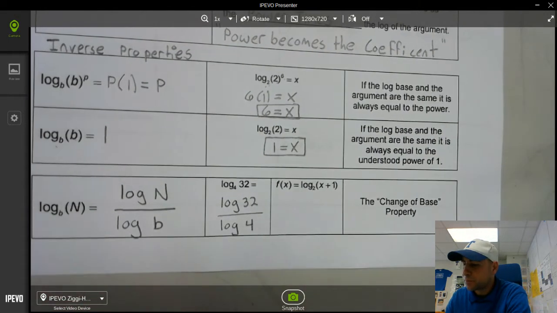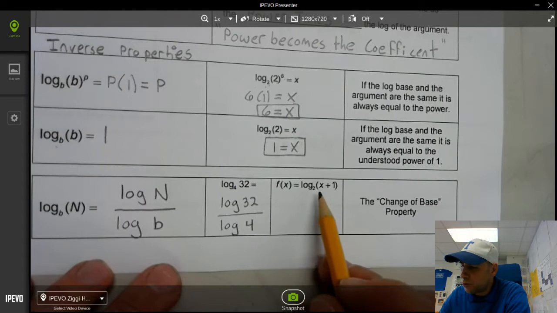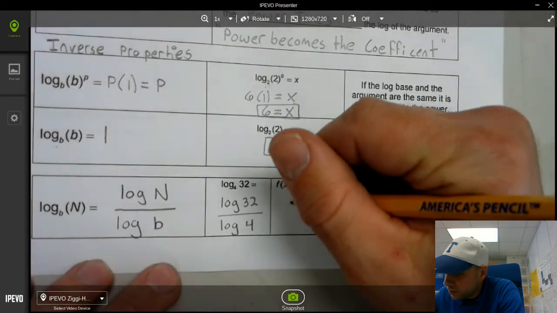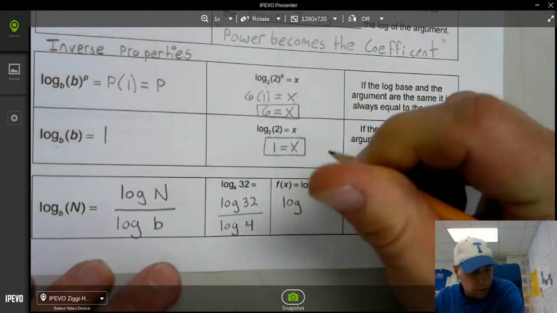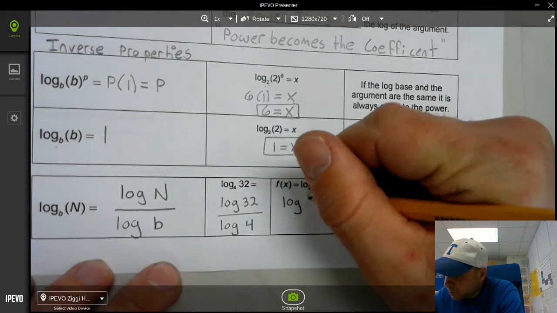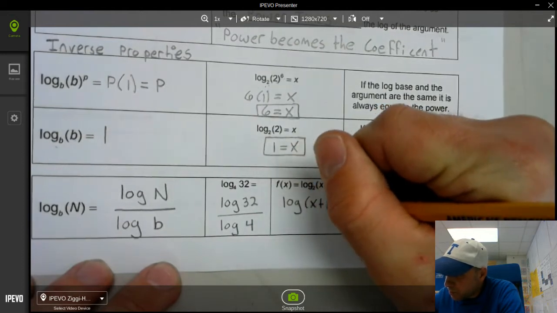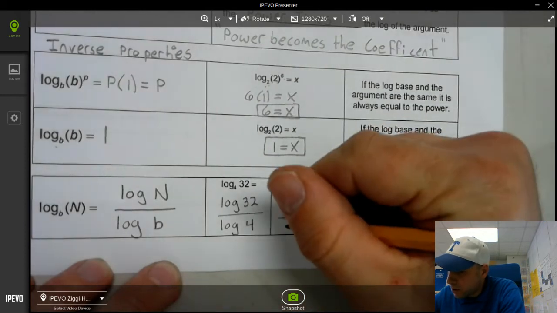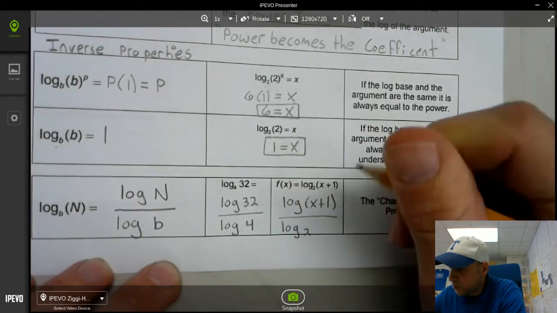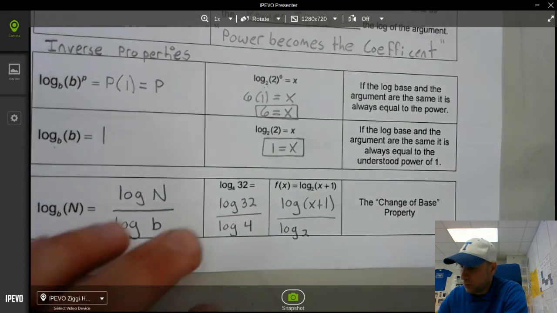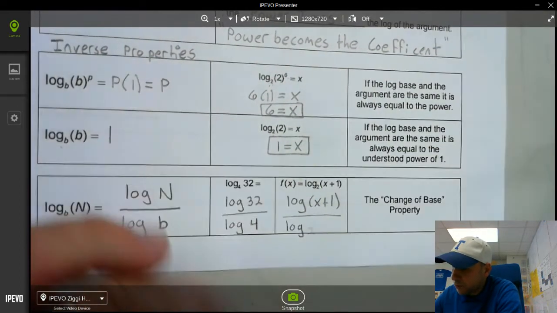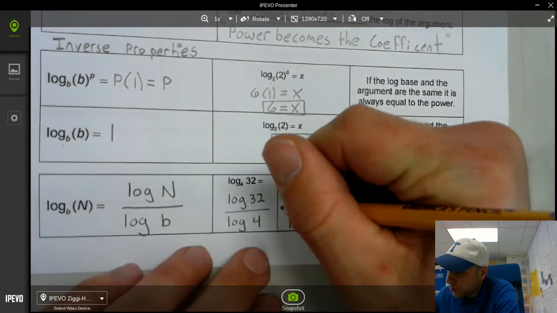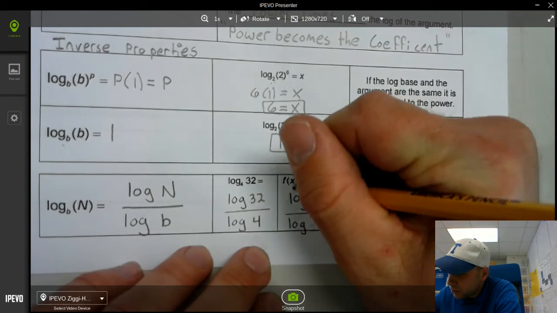Okay. All right. So again, using the change of base property. So log base 2 of the argument x plus 1 becomes log of x plus 1 divided by log of 2. I've kind of ran out of space, but that should be equal to f of x.